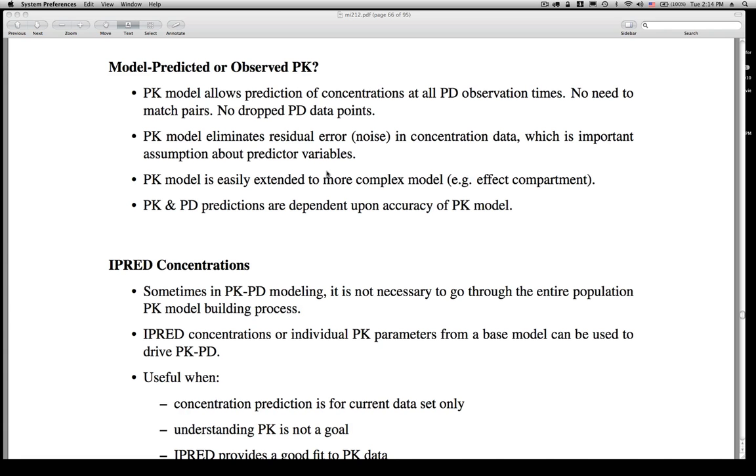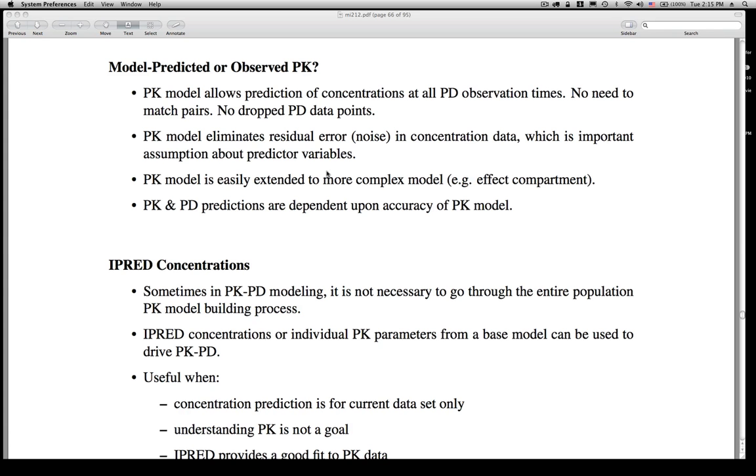And in fact, when you're looking at any regression model, one of the assumptions is always that the predictor variable, so for a PD model, that's the concentration as the predictor of response, is assumed to be known without error or with much less error than the response variable. And so here's one where using model predicted values might be important.